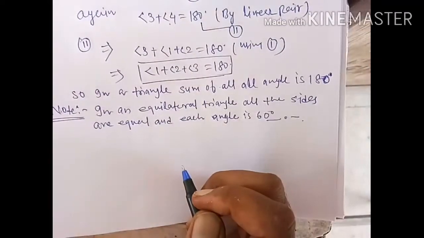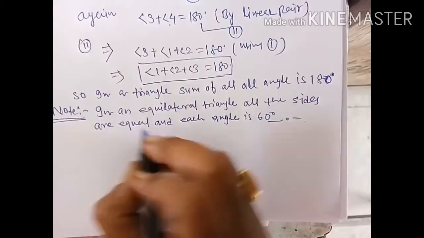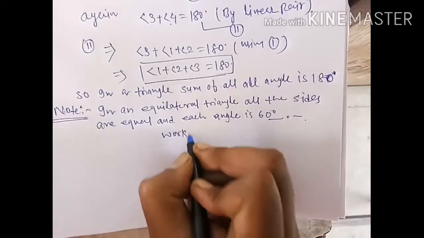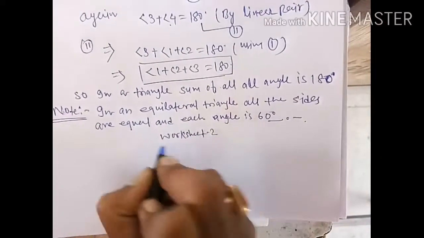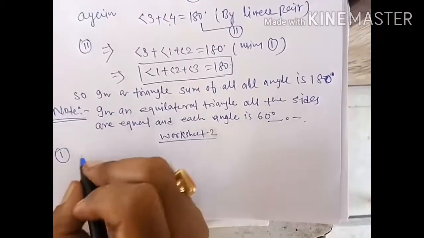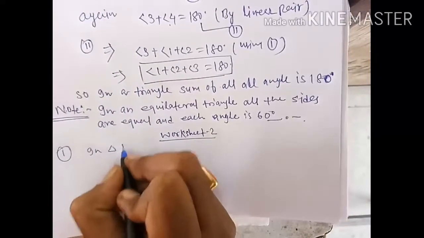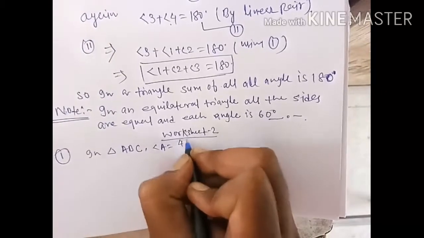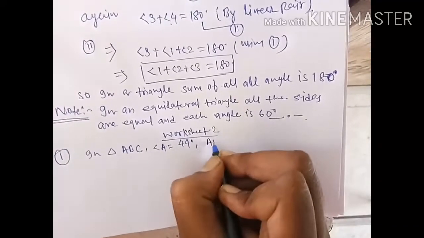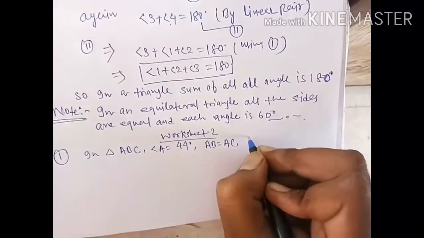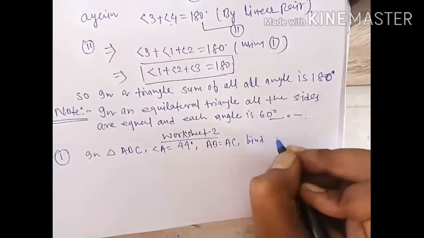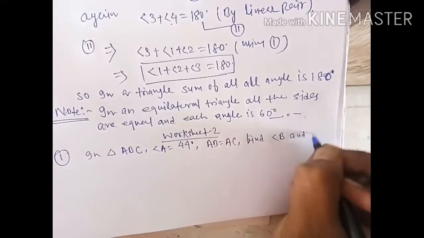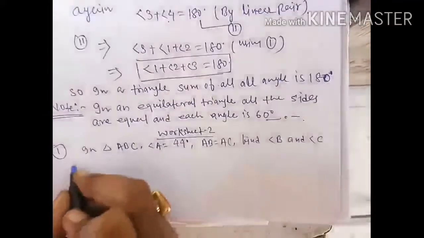Now we start worksheet 2. Question number 1. Here, in triangle ABC, angle A is equal to 44 degree, AB is equal to AC. Find angle B and angle C. Solution.